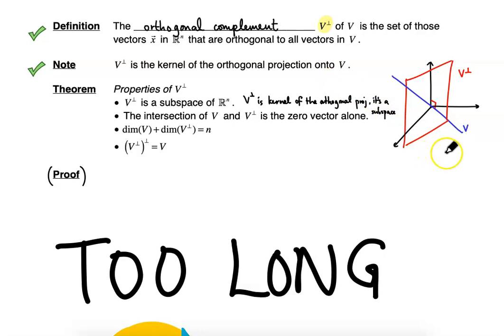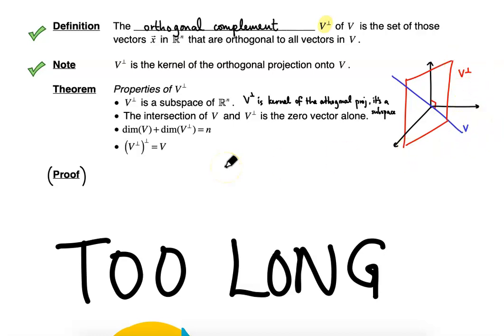So here's an example, an illustration. If V is a line, then V perpendicular is the plane perpendicular to that line. And vice versa, if we said that the red part is V, then V perpendicular would be the blue line. So it kind of reciprocates back and forth.